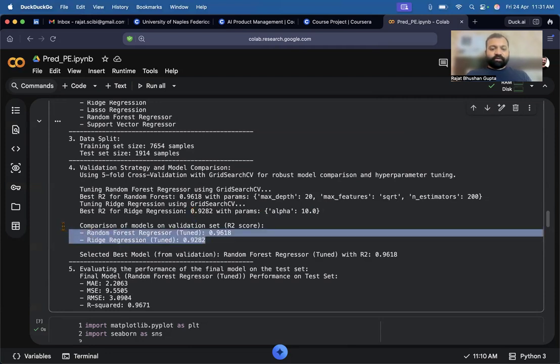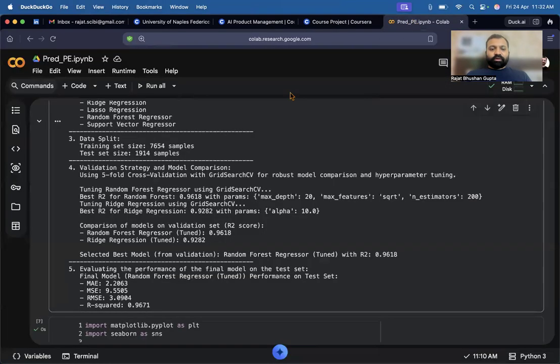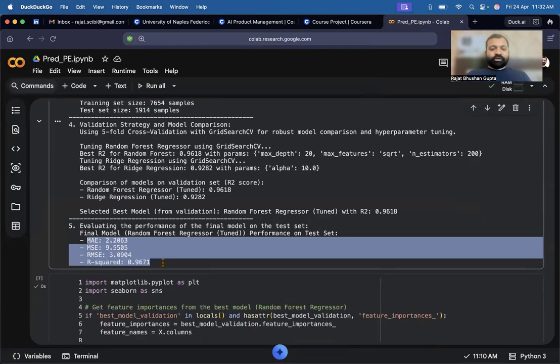Comparing both of them, we decided to run our evaluation using only the random forest regressor because it gave a very high R square output. Now for model evaluation, we are using four different evaluation performance parameters, which are mean absolute error, mean squared error, root mean squared error, and the R square value.